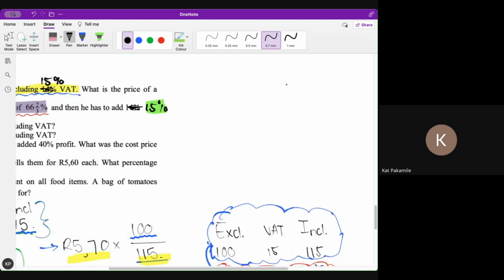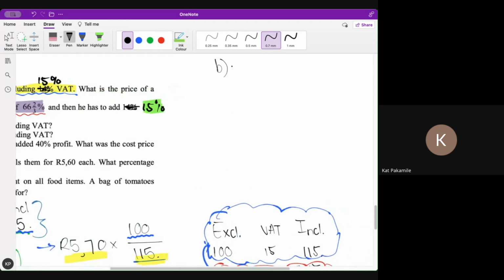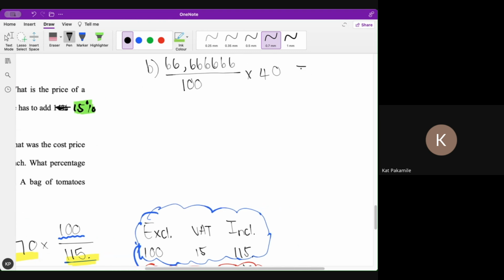Okay, so I'm going to write it on the side here. It's what? 40 Rand. I'm getting old, guys. 66 and 2/3, which means 66.6666 for a very long time, percent of 40 Rands. And let's hear, how much is that, guys?